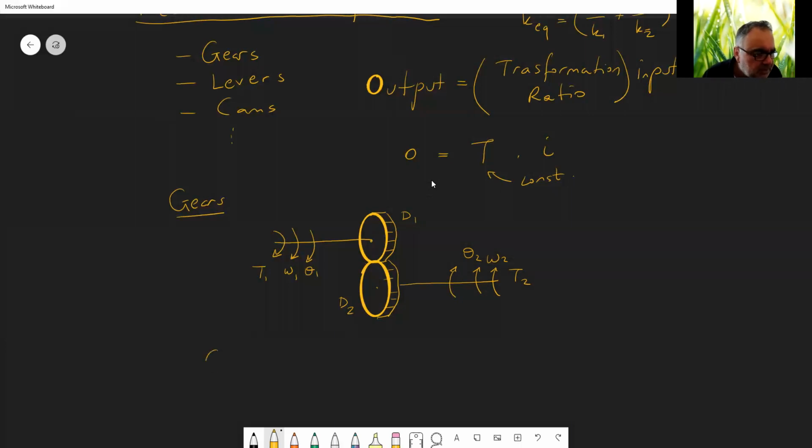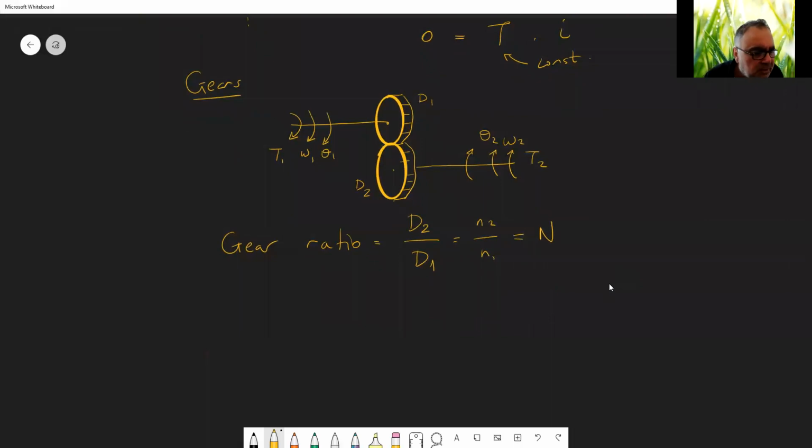We define the gear ratio to be the ratio of the diameters, d2 over d1, which is also the ratio of the number of teeth, n2 over n1. Let's call the gear ratio n.